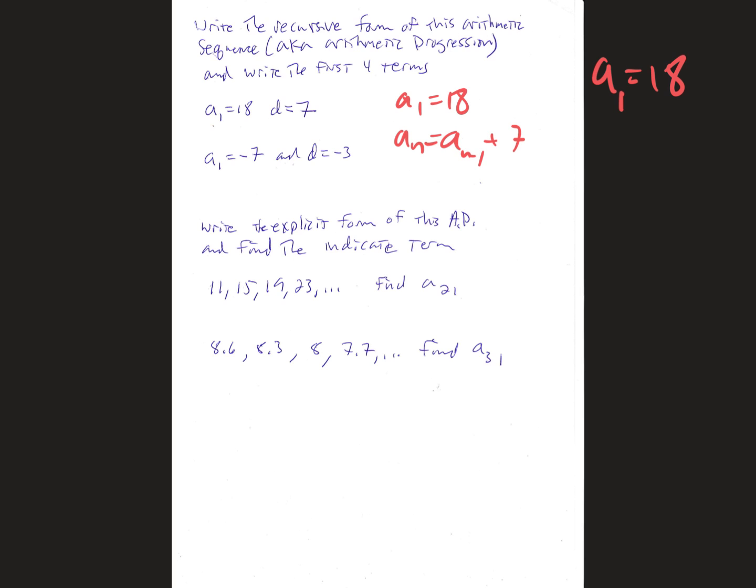To get the first 4 terms, we already know the first term is 18, so a sub 2 will be add 7 to that, which is 25. A sub 3 would be add 7 to that, which is 34. A sub 4 will add 7 to that, which is 41. That easy. Why don't you try the next one?